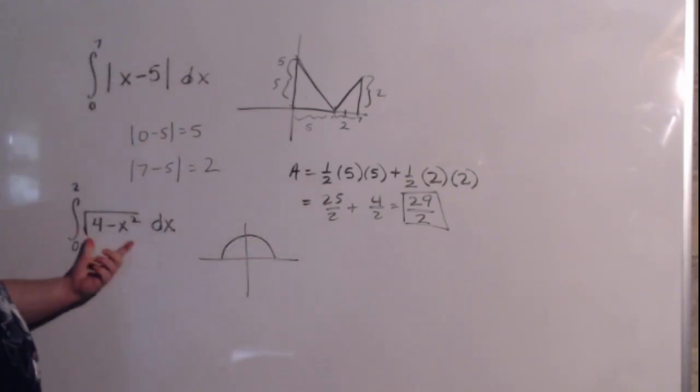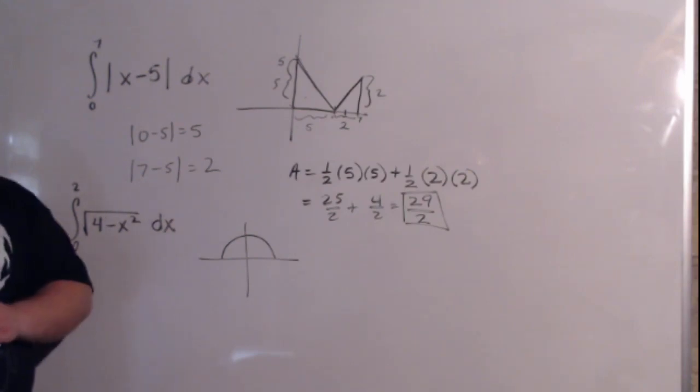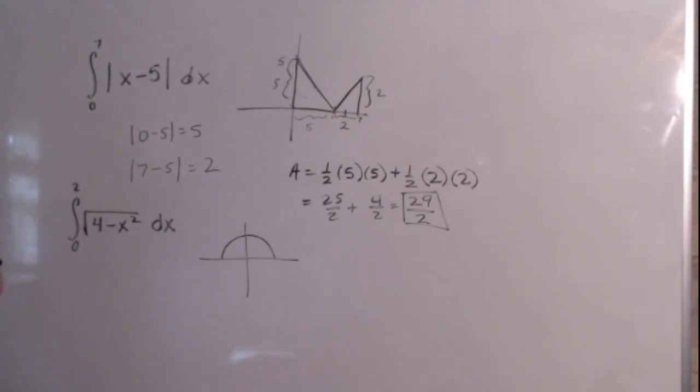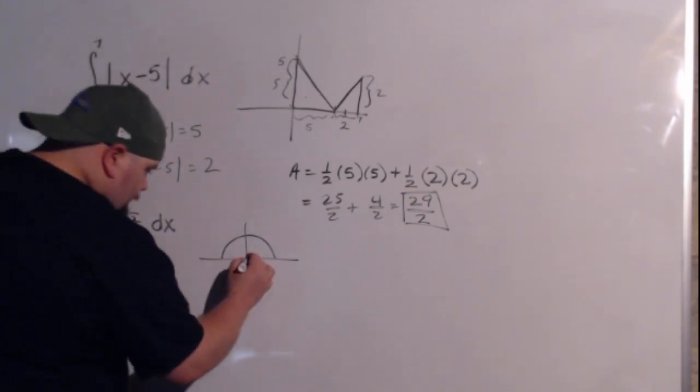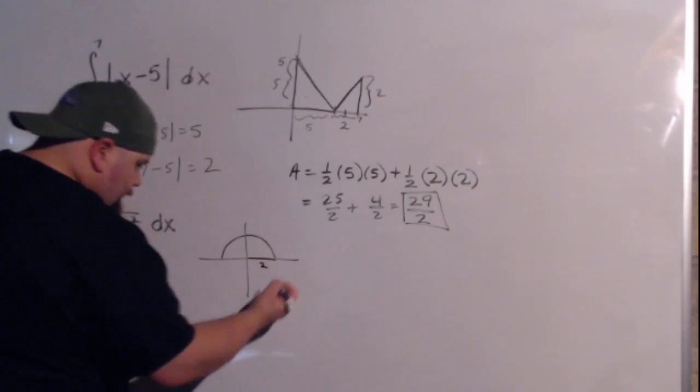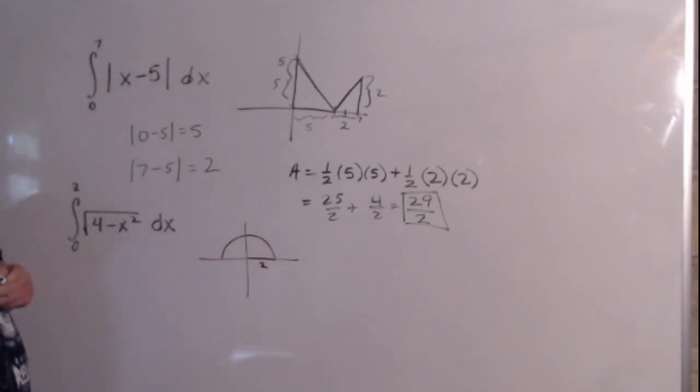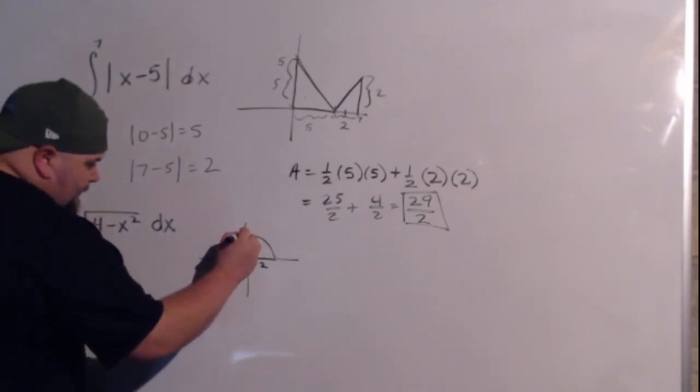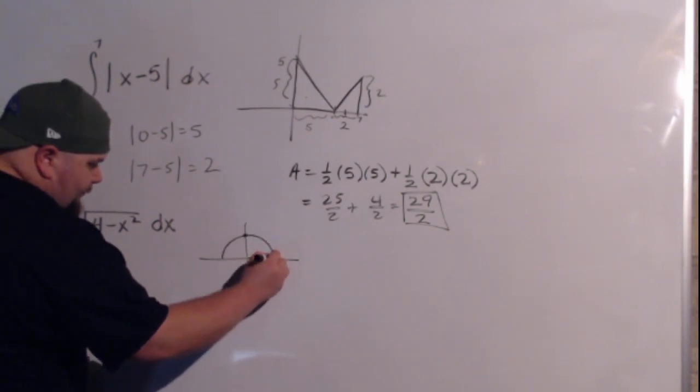That is the top half of a circle with a radius of, should be 2. So that distance is 2. And it says to go from x equals 0 to x equal 2. Well, this is x is 0, this is x equal 2.